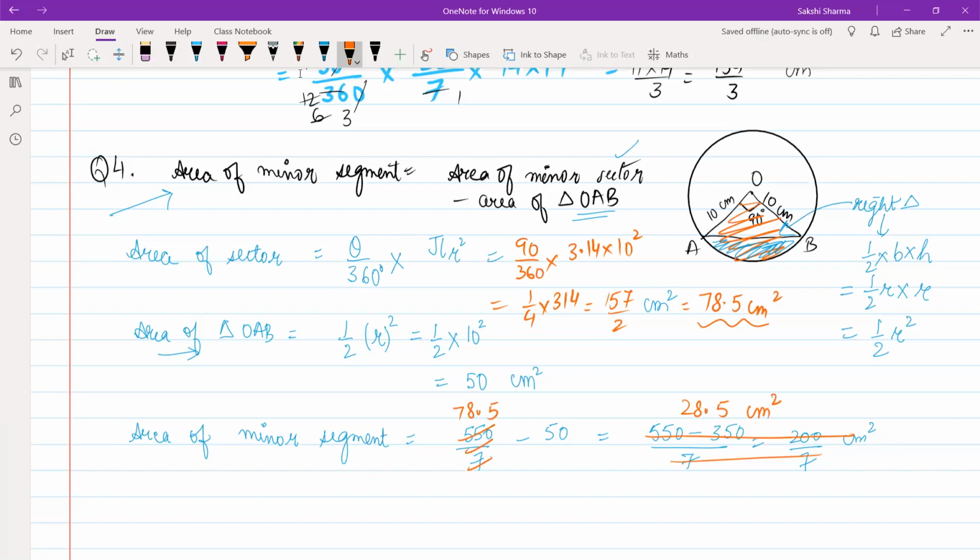The second part of the question requires calculation of the area of the major sector. Okay, Tarannum, give me a minute. Let me see if my Wi-Fi has started working again. I'll try to reconnect to the Wi-Fi. Just a minute.